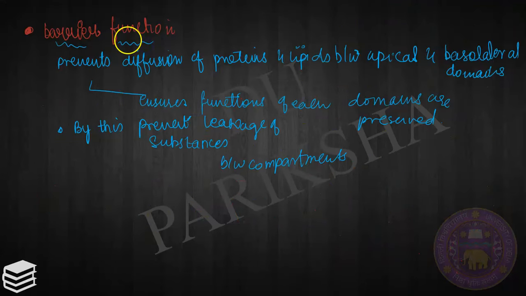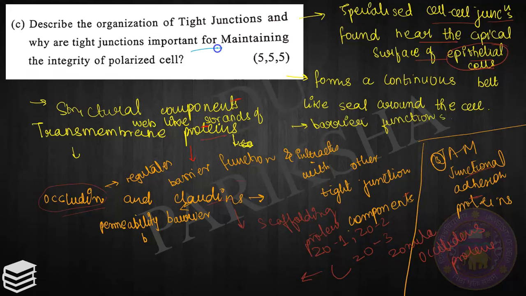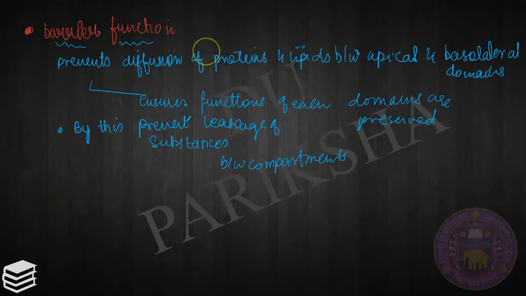Why are tight junctions important for maintaining integrity of the polarized cell? As we know, tight junction isolate कर देते हैं parts of the plasma membrane into apical domain and basolateral domain, जिसकी वजह से ये prevent करते हैं lateral diffusion of the protein and lipids between apical and basolateral membranes, that allows specialized functions of each domain, that is apical and basolateral domains, to be conserved.